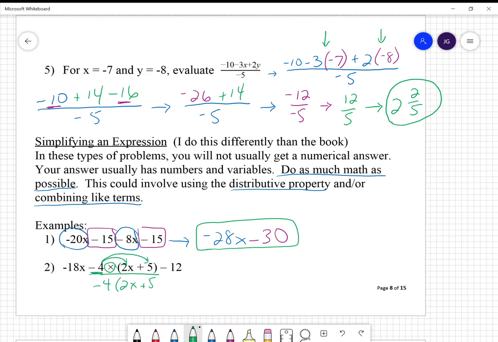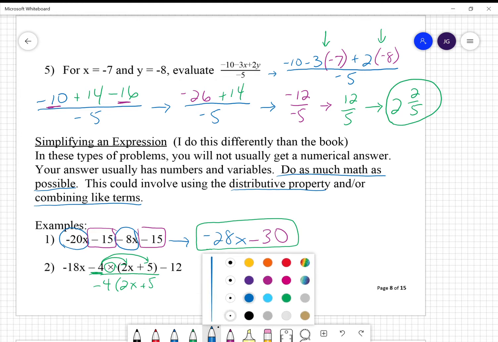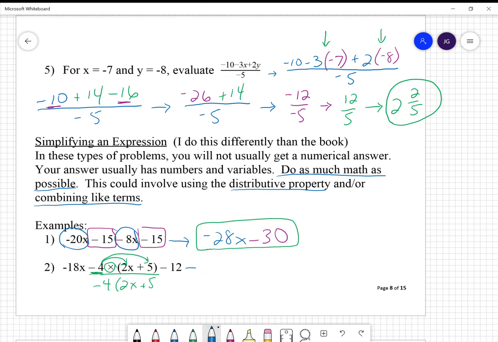So my original negative 18x stays negative 18x. When I distribute negative 4 with 2x, I get negative 8x. I'll write that in green. Negative 4 times a positive 5 is a negative 20. And then minus 12 I'll keep in blue.